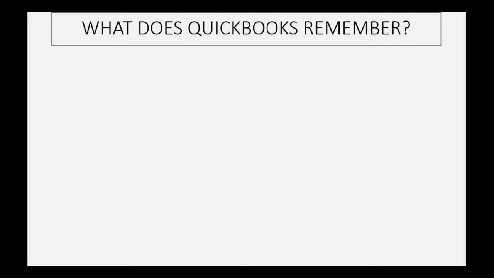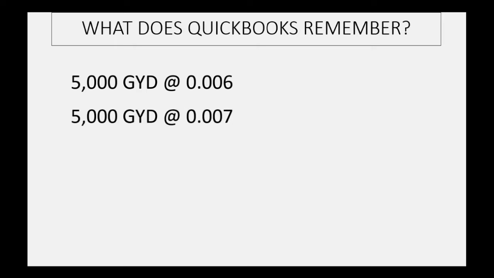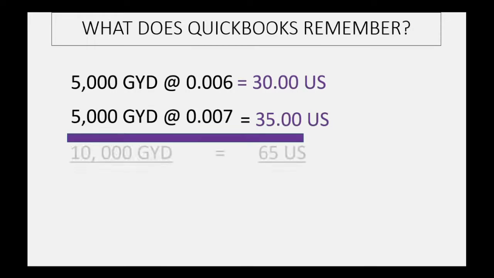So what does QuickBooks actually remember in our records? Well, QuickBooks remembers how much each of the individual units of currency was worth at the moment that we acquired them, and that reflects the current balance.